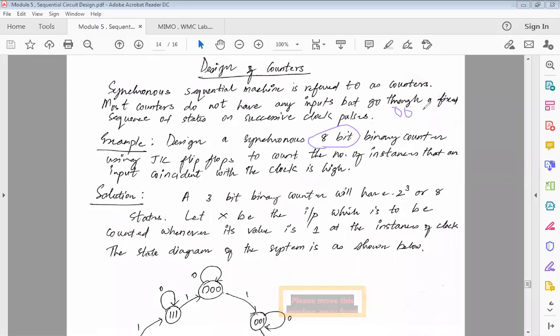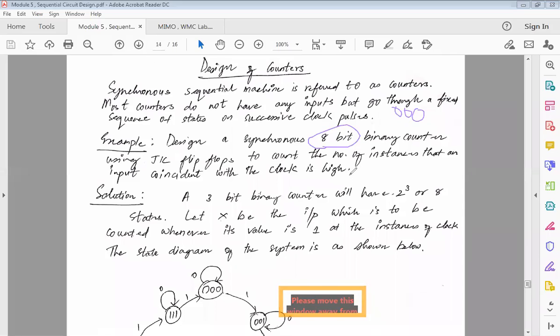I will have a 3-bit synchronous 8-bit binary counter using JK flip-flops to count the number of instances that the input coincides with the clock, when the clock is high. So whenever the clock goes high, we want it to move to the next state. That is the meaning of the question.